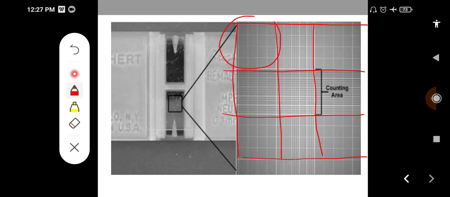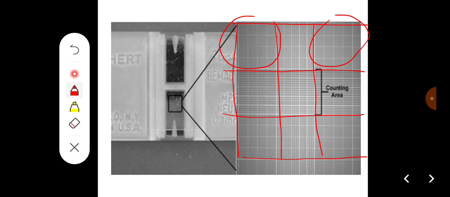These are called corner squares, and you have a central or middle square. The corner squares are utilized for the counting of WBCs, and the central square is utilized for the counting of RBCs, which is usually done in the physiology lab.